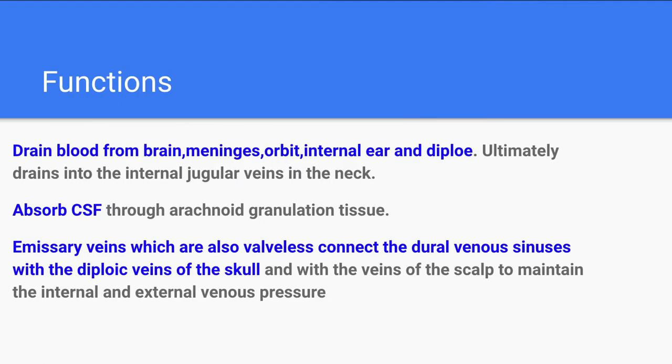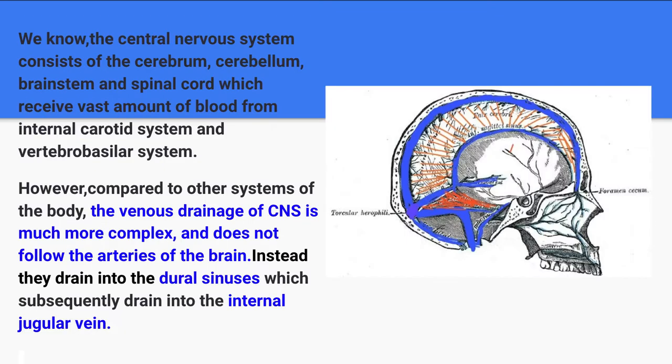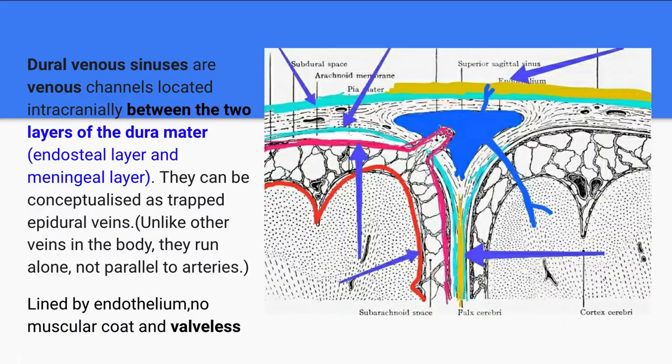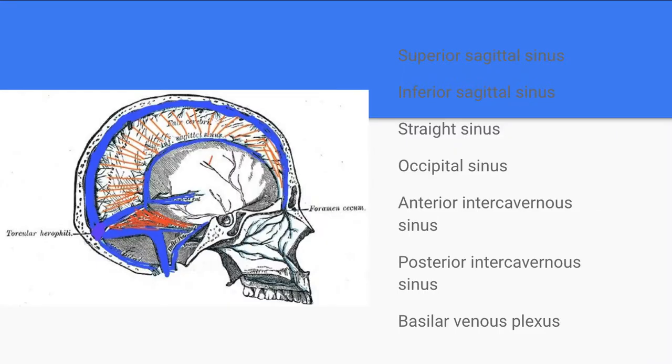Now let's talk about all the dural venous sinuses that are present in the head and neck. So let's talk about the unpaired sinuses first. I'll give you a brief and then we'll get into each sinus in more detail.